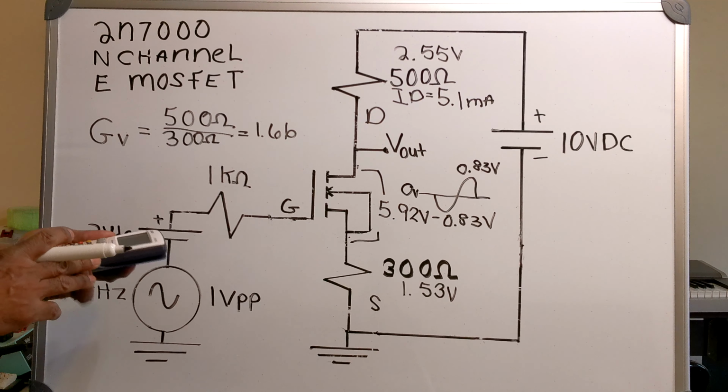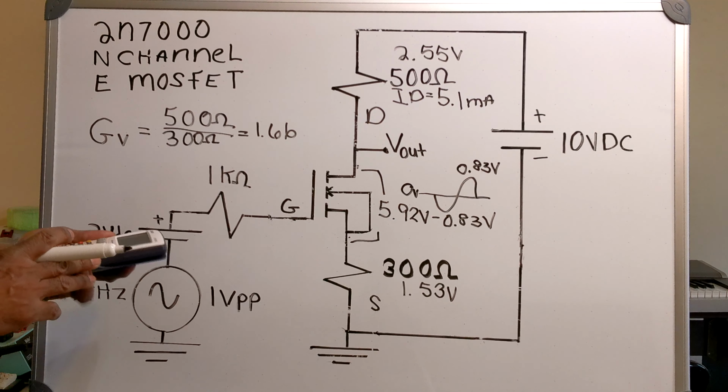Okay, so I'm going to add 5.92 volts plus 1.53 volts. That gives me 7.45 volts. Now, that voltage is now my DC offset.